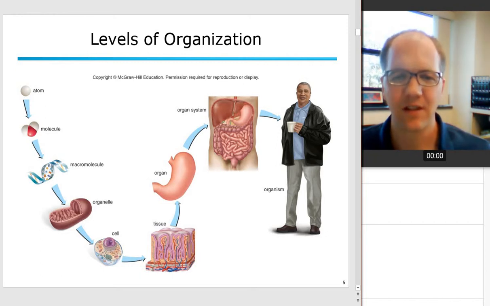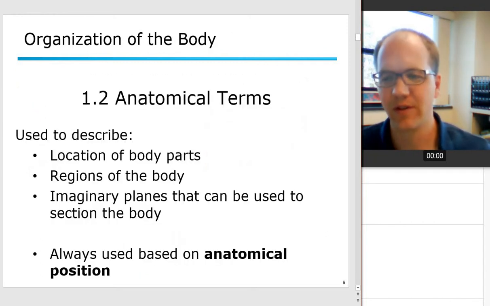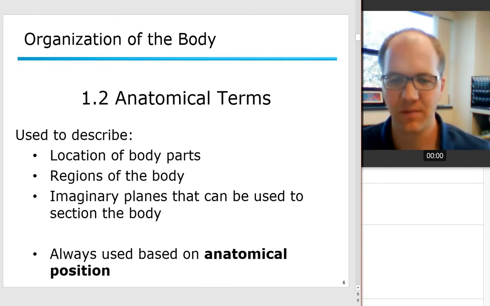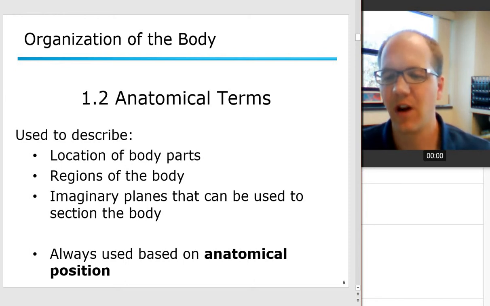Okay, next thing that's really important when we're building this foundation is what we call anatomical terms. Now, when we're learning anatomy and physiology, we want to make this the same across all different textbooks. All doctors, when they're saying a word, want somebody else to understand what they're saying.